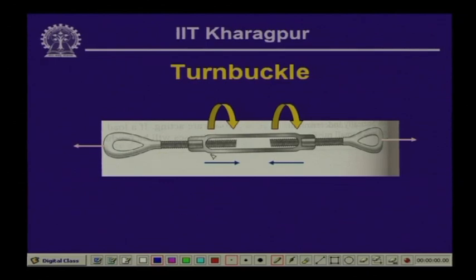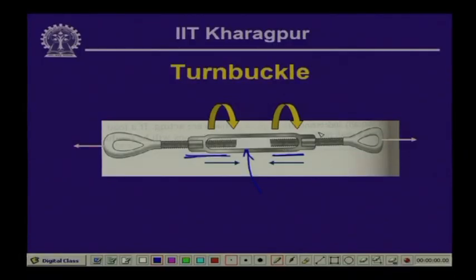Here we have the threaded part in this particular zone, and this particular part, which is equivalent to a nut in a nut bolt system. If this whole assembly is rotated, we have one threaded part in this zone and another threaded part in this zone.